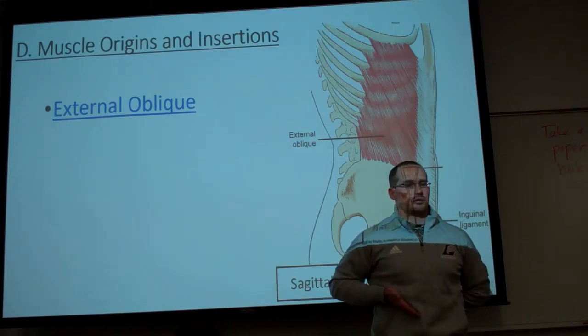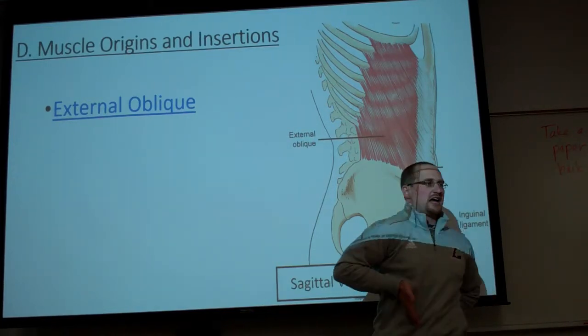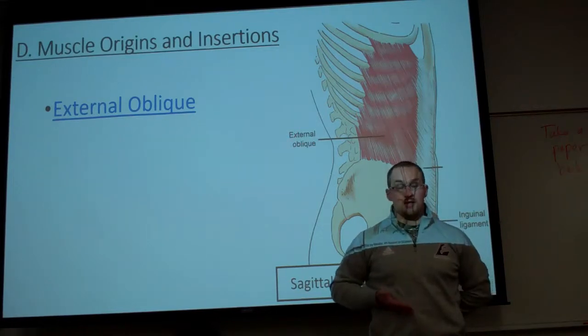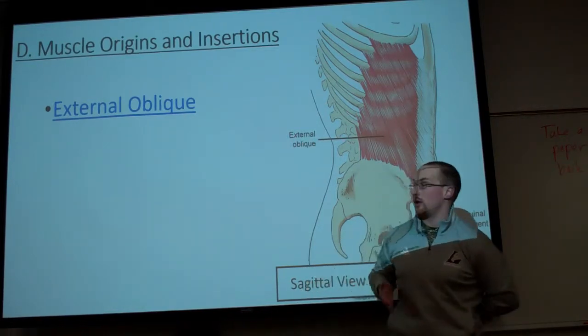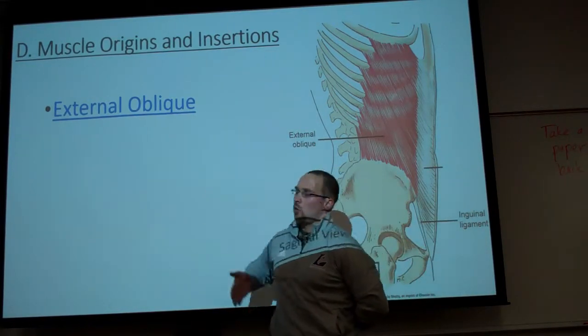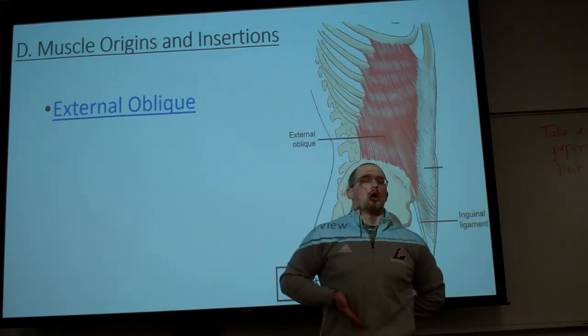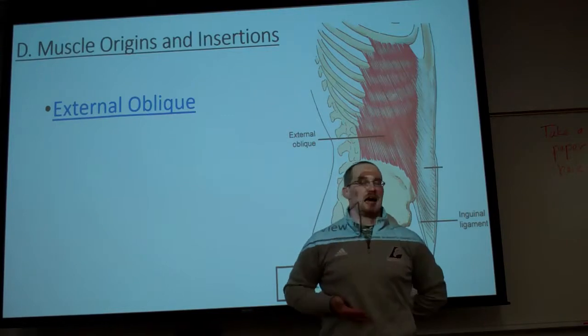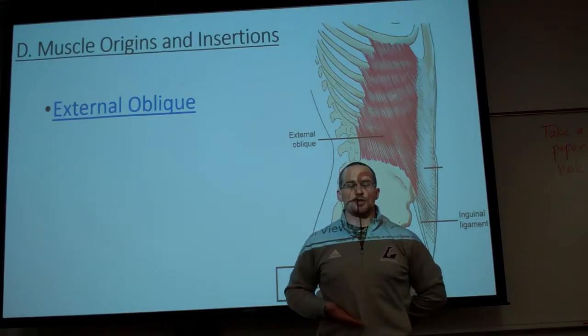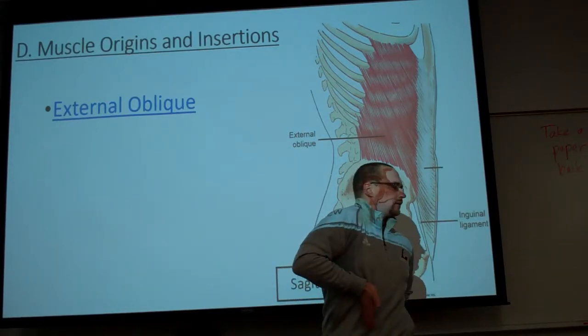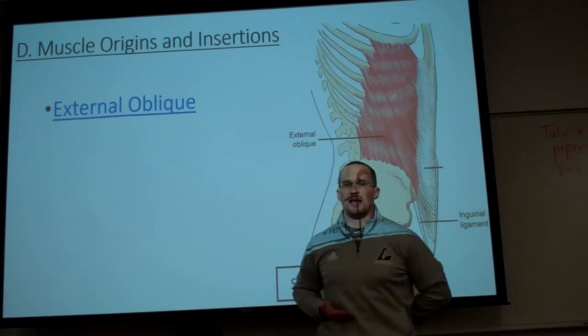And I can do trunk rotation. Now this is like the sternocleidomastoid. So make a note of this. If I contract it, it's going to rotate me to the opposite side. So my right external oblique, if I contract it, it's going to turn me to the left.